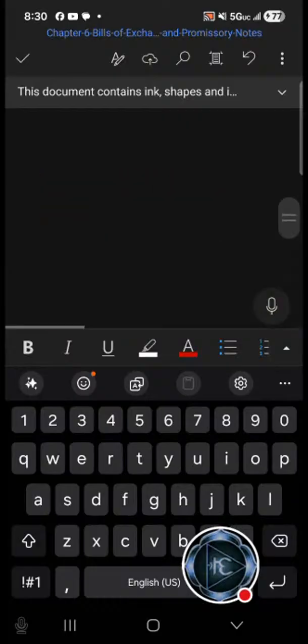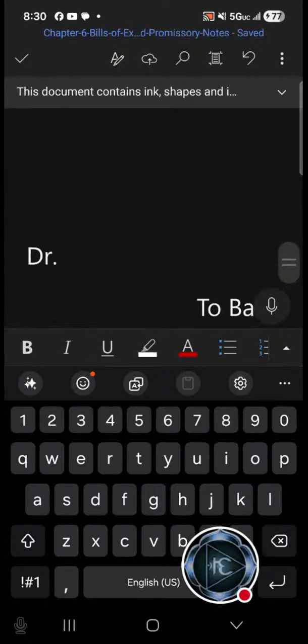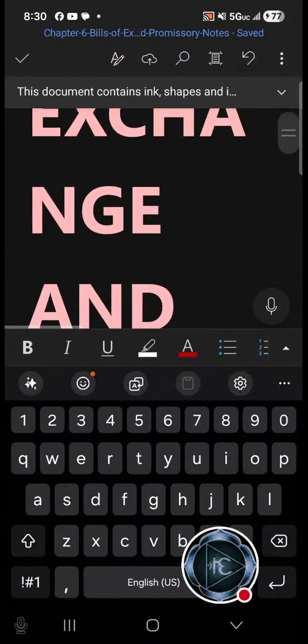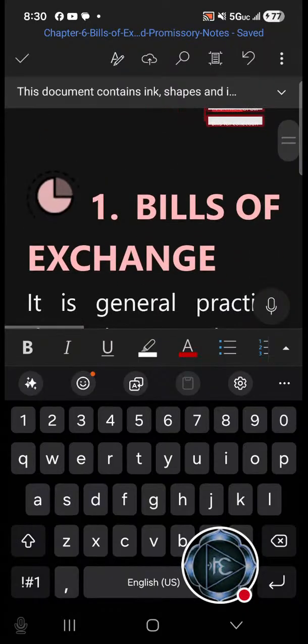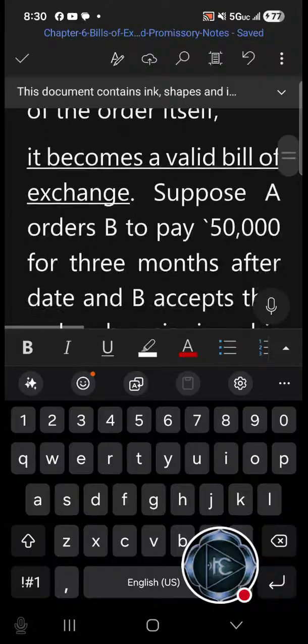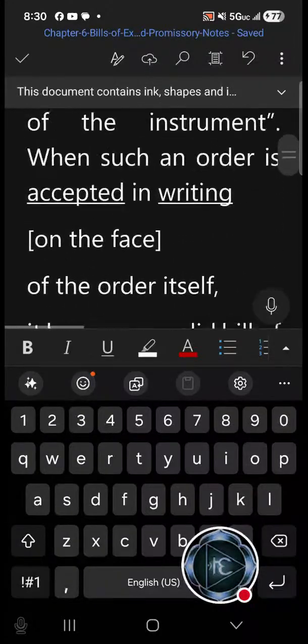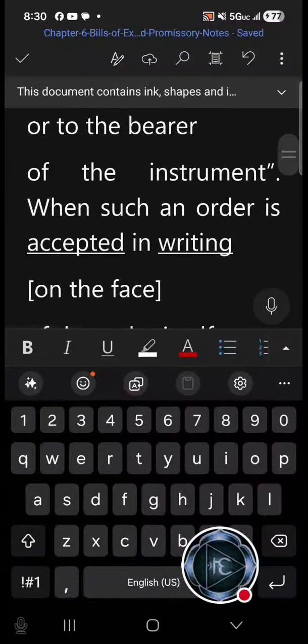Now, why are we talking about liability, and what does that have to do with the bill of exchange? A bill of exchange is a financial instrument, as we discussed earlier.